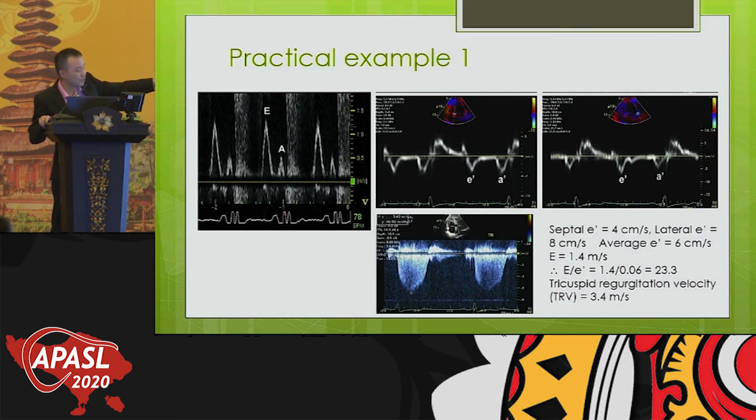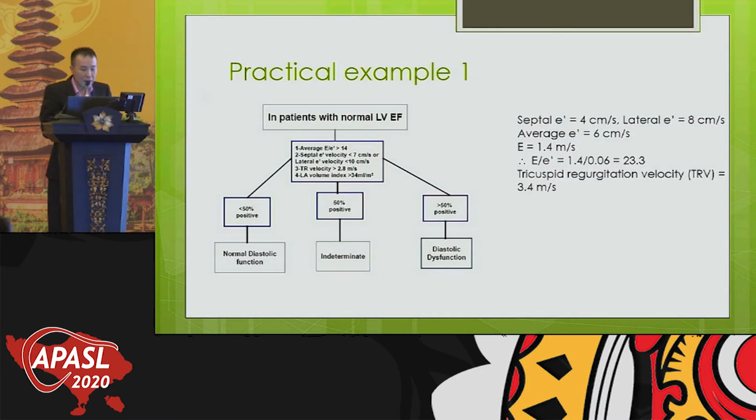So if you want to work that out, the E is about 1.4 at the top, divided by 0.006, so remember, that's 6 centimeters a second, which is 0.06 meter per second, and you get a large figure, 23.3, which is greater than 14, and the tricuspid regurgitation velocity down below is 3.4 meter a second. So this is somebody you can see already has got diastolic dysfunction. And certainly, based upon those measures, yep, evidence of diastolic dysfunction.